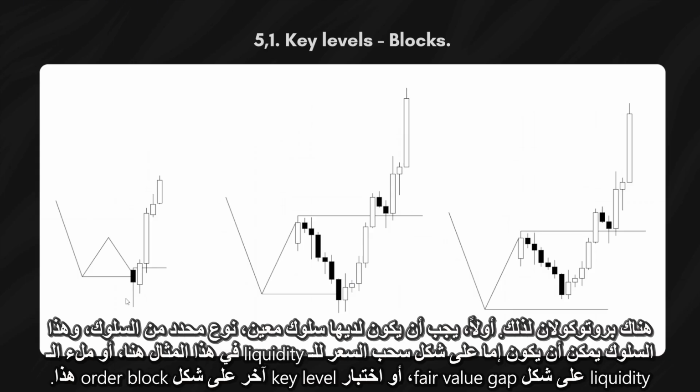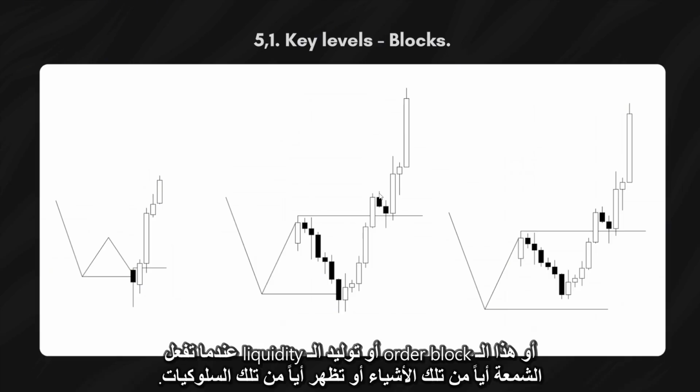There are two protocols for it. First, it has to have a certain behavior, a specific type of behavior, and that behavior could either be in the form of price taking out liquidity, as in this example right here, or filling liquidity in the form of a fair value gap, or testing another key level in the form of this order block or this order block, or generating liquidity.